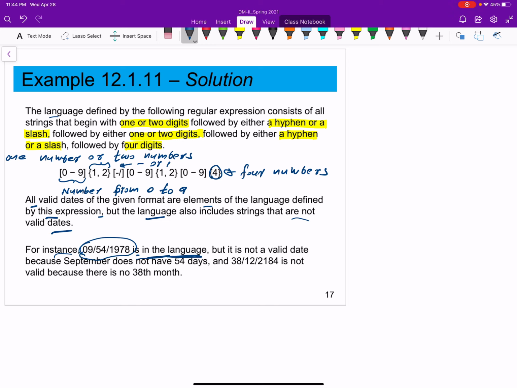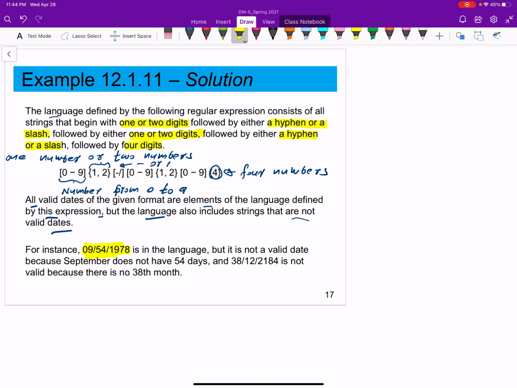It has two numbers, slash, and two numbers, slash, and four numbers. So this is valid by the language. What I'm saying is this is in the language but not valid.